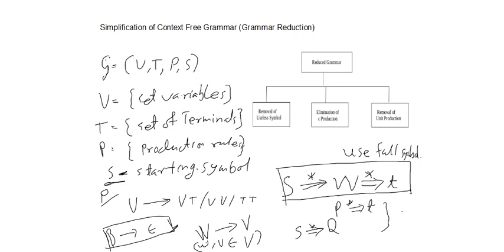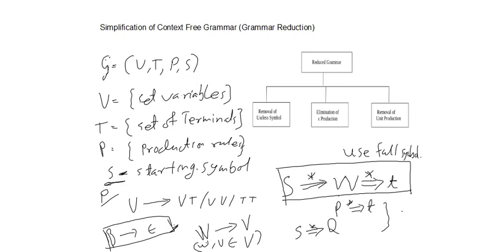If one or multiple variables may produce null or epsilon character, then we'll say that the particular production which is leading to the null character is known as epsilon production or null production. We should eliminate epsilon production from the grammar.